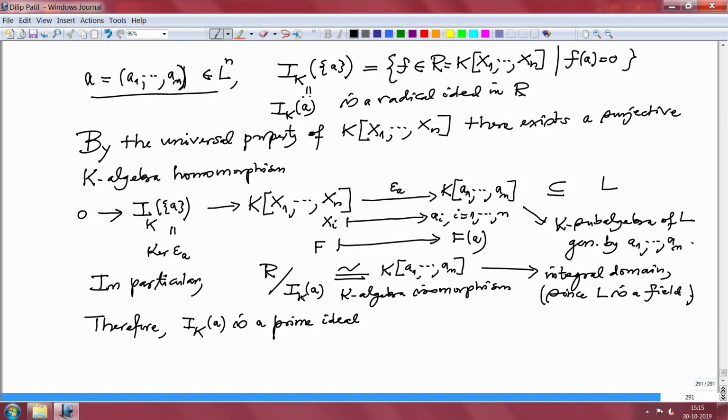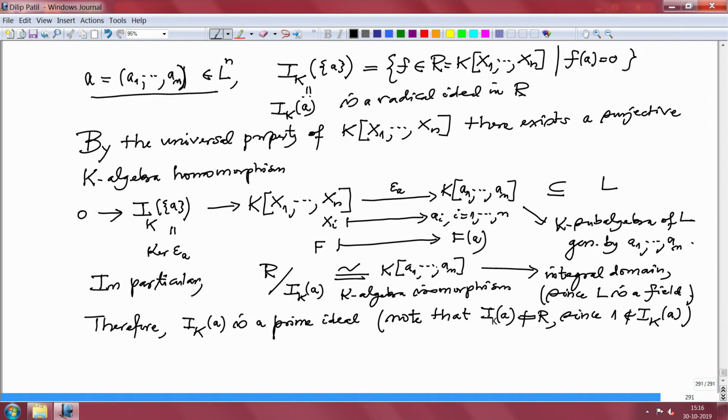Note that I_K(a) cannot be a unit ideal because the polynomial 1 will never vanish on the constants a_i. That is built in, but you can also directly note that I_K(a) cannot be R since 1 cannot be in I_K by definition.